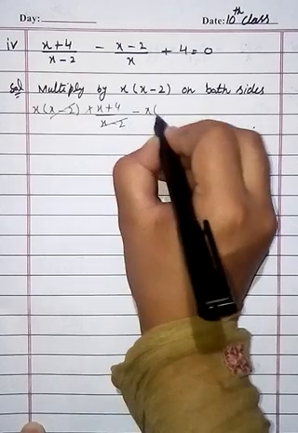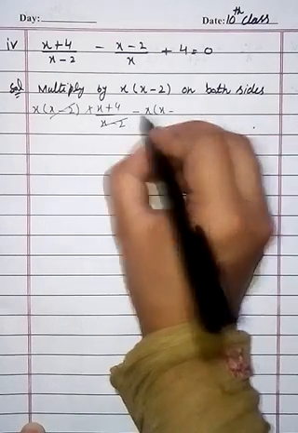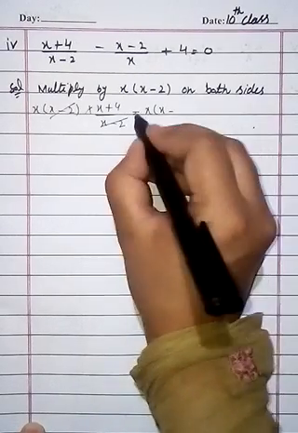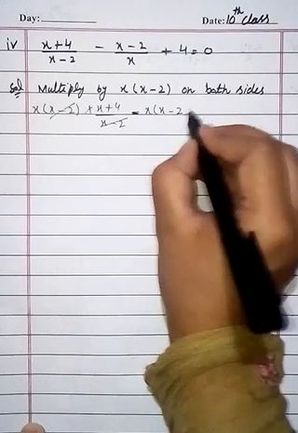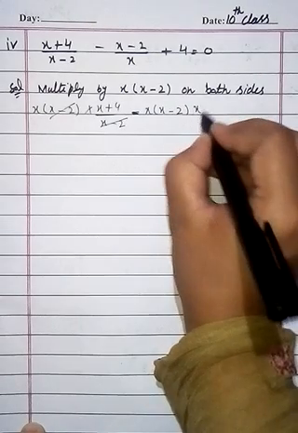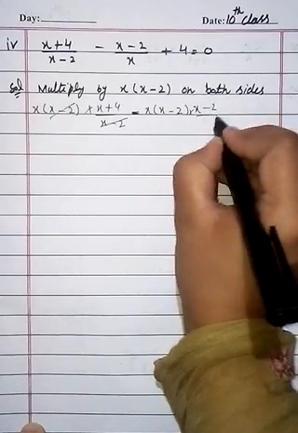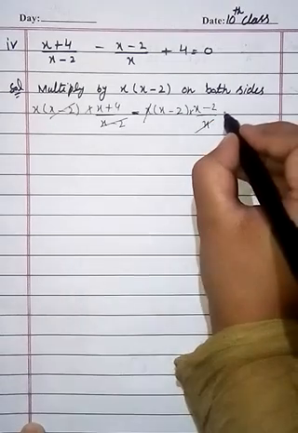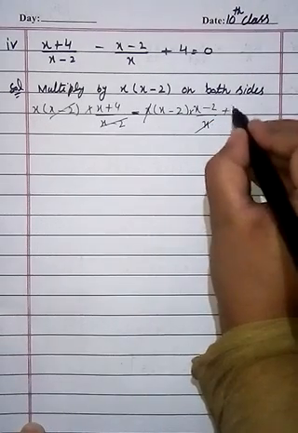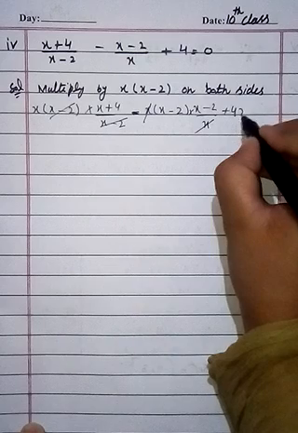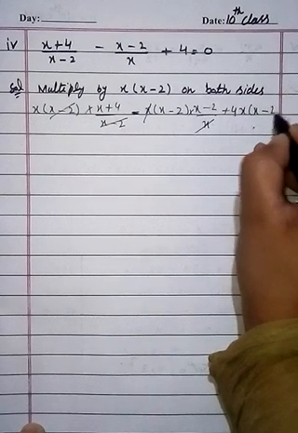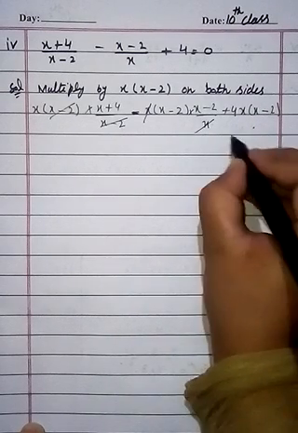Now x into x minus 2, multiply x minus 2 by x. So x will be cancelled. Now plus 4 multiplied by x into x minus 2 equals 0.